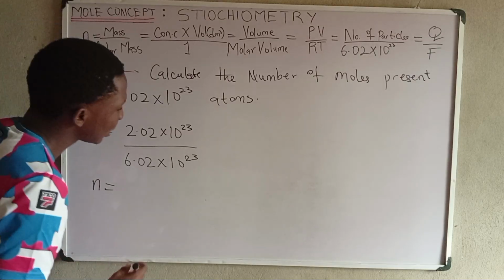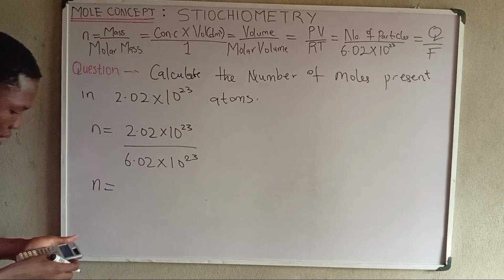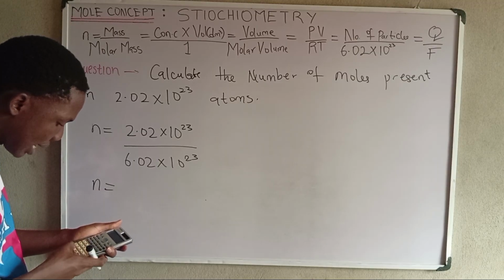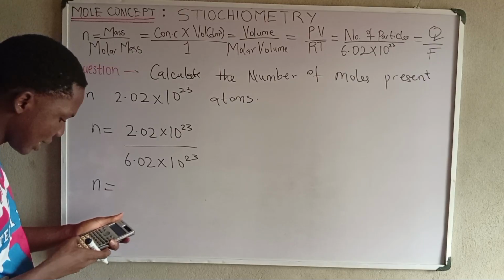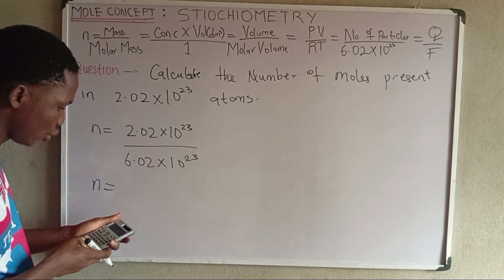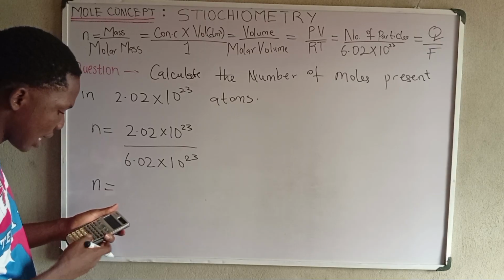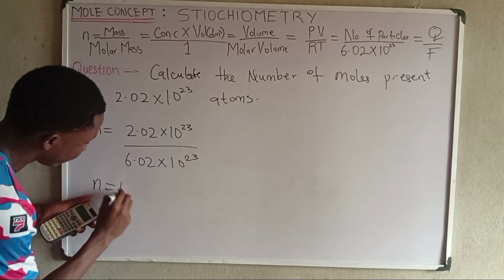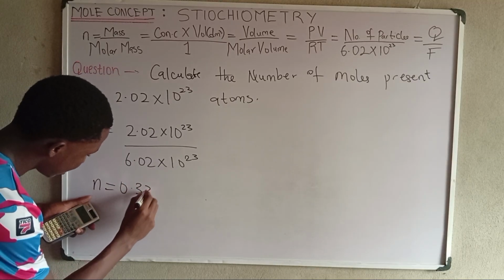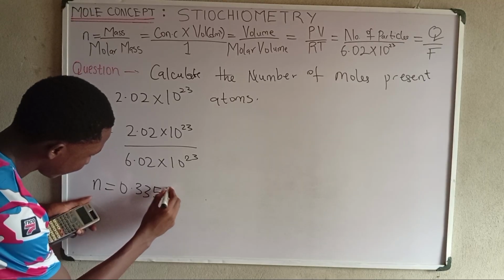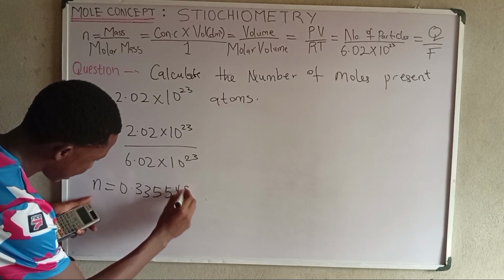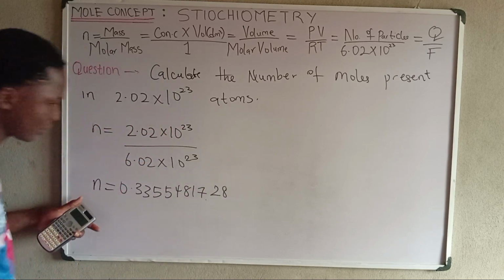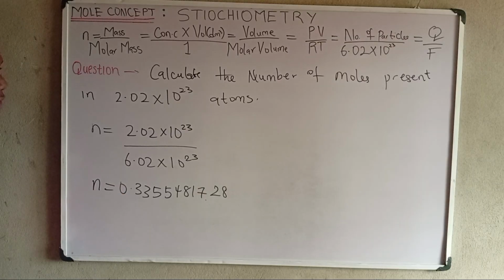Punch your calculator: 2.02 divided by 6.02. So now our answer will be what? We have a very huge value, 0.335548178.